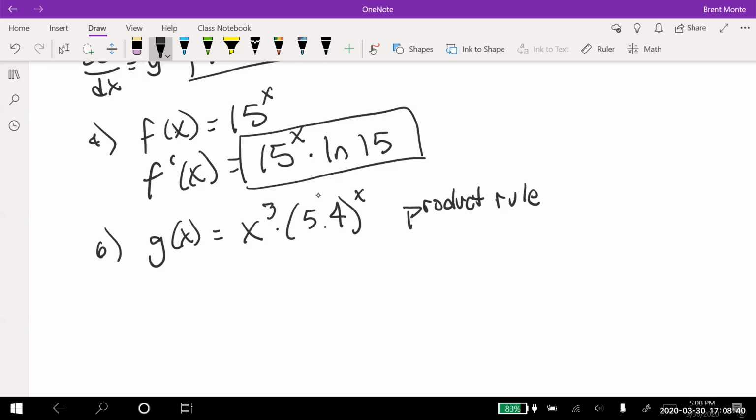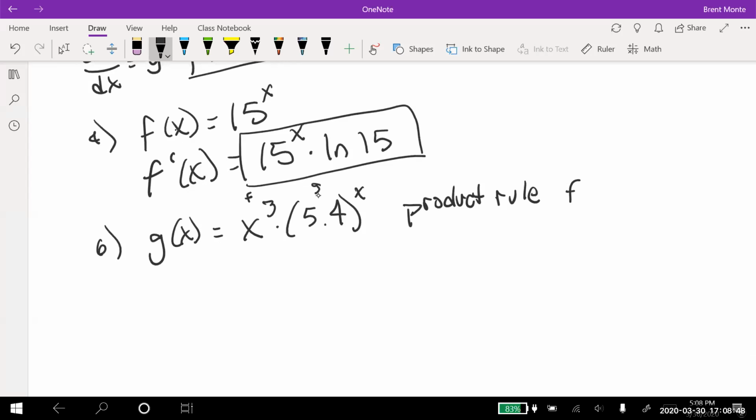All right, so remember the idea is if this is considered f and this is considered g, then the product rule is the first f times the derivative of g plus g times the derivative of f. So when I do that, I get g prime, and this first g of x not to be confused with the g that I'm doing for the g prime, but you're probably used to that from what we do in class.